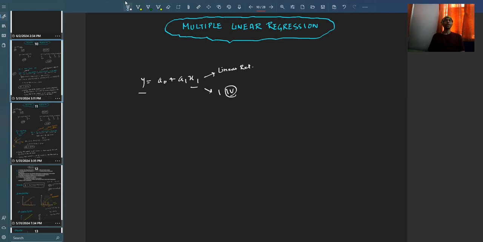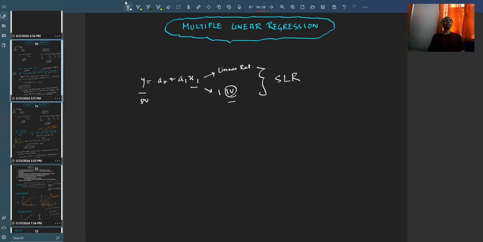Now these two conditions when satisfied, we call this equation a simple linear regression. That is, we have a dependent variable and only one independent variable and a linear relationship between them. This is what is a simple linear regression.